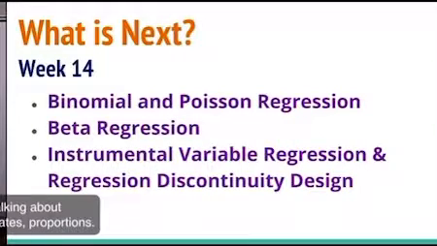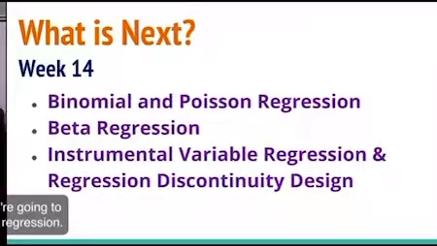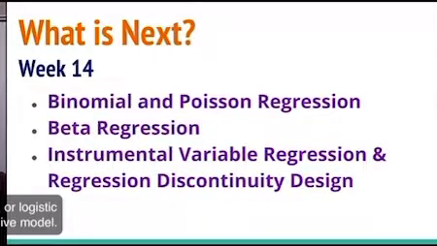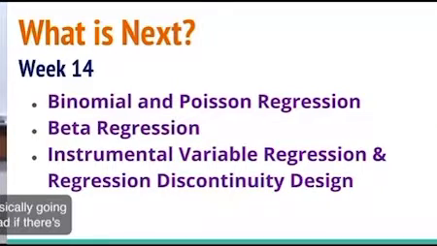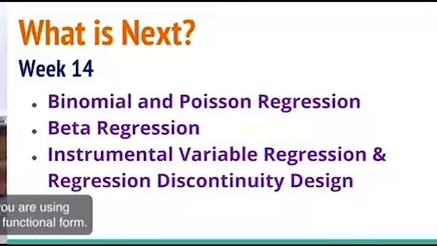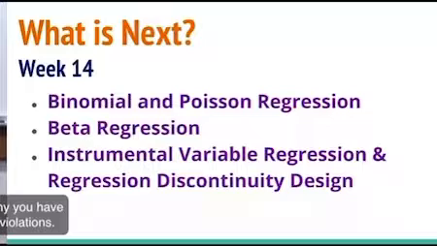You're talking about percentages, rates, proportions. Then we're going to use beta regression. When you use a linear regression model or logistic regression model, you're basically going to mislead. In fact, there's going to be a violation of all the assumptions, because you are using an inappropriate functional form. That's why you have a lot of violations.